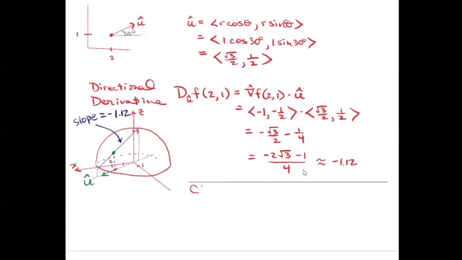Change the direction to 45 degrees up from the horizontal.